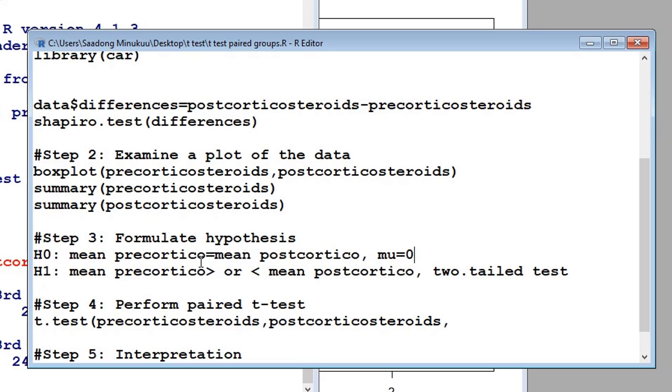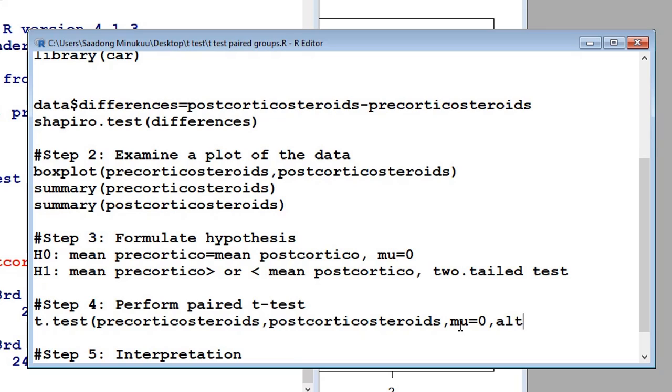But if we had said this was less than this, then we would have been obliged to give a difference of less than 0, maybe negative something. But since I said they are equal, that suggests that the mean post-corticosteroid minus the mean pre-corticosteroid will give us 0. So we indicate here that mu is equal to 0, and then we indicate our alternative hypothesis.